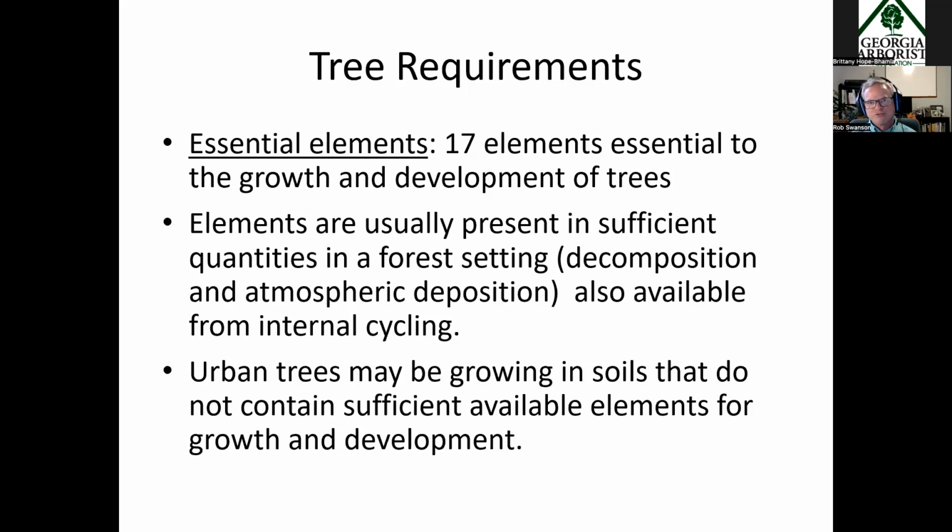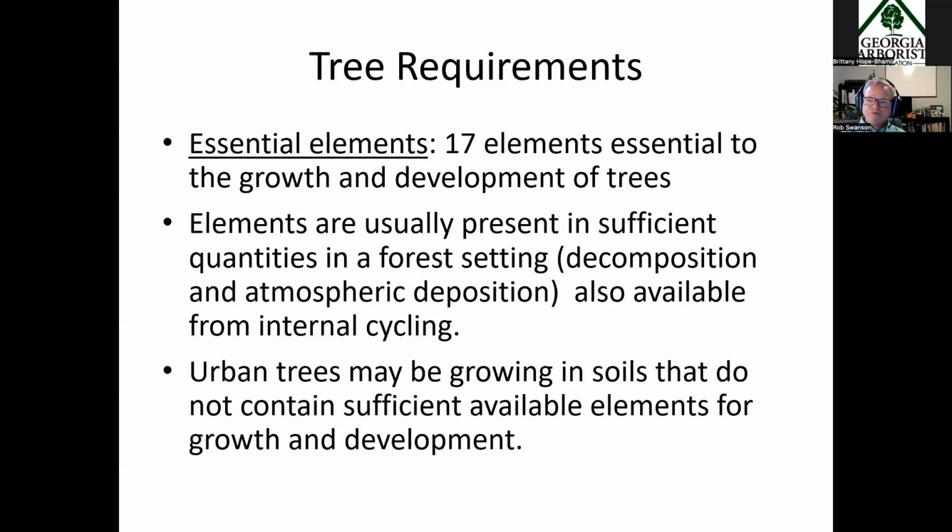So most of our trees are going to be in someone's yard, or they're going to be in some other type of synthetic environment like planters or between sidewalks and curbs. They might be foreign to our areas, so you might be bringing in trees that are a bit out of their comfort zone, things like that. And so that's why we're going to talk about these specific needs, because these aren't necessarily available because we interrupt that natural nutrient cycling that goes on in the forest, the decomposition, reabsorption, and reuse.